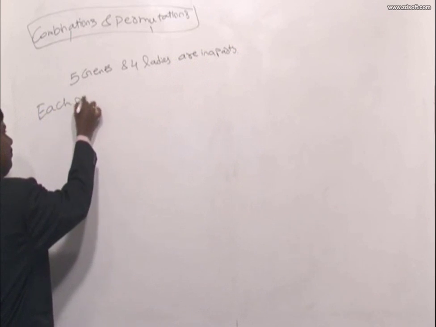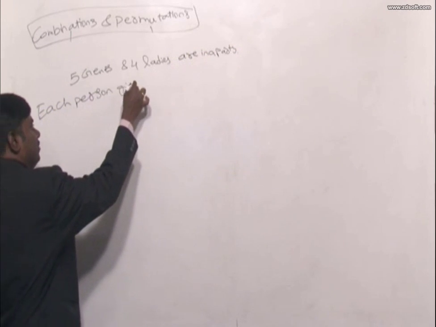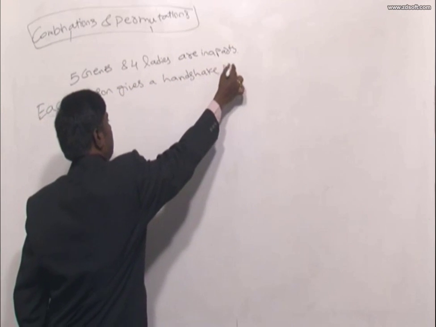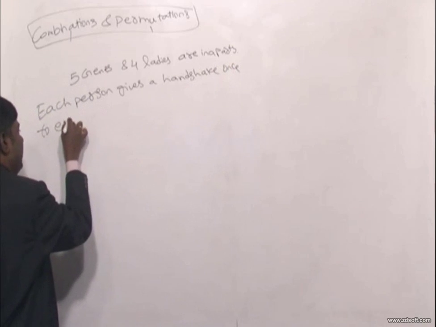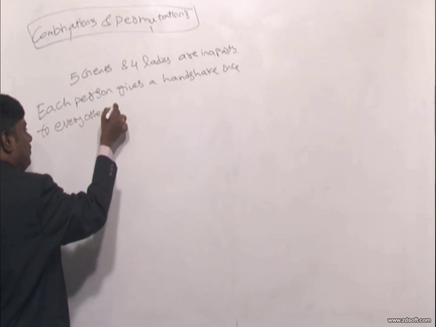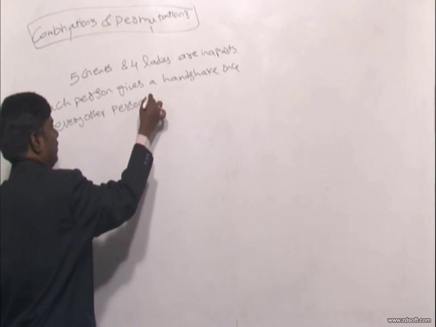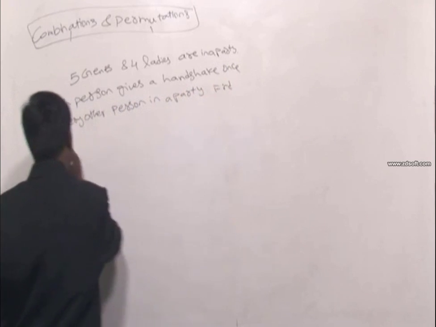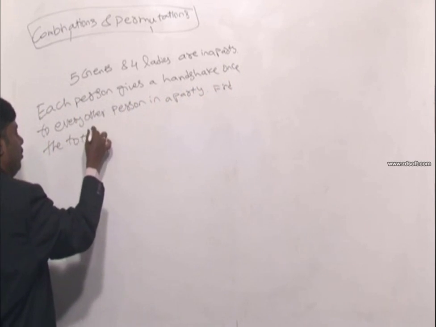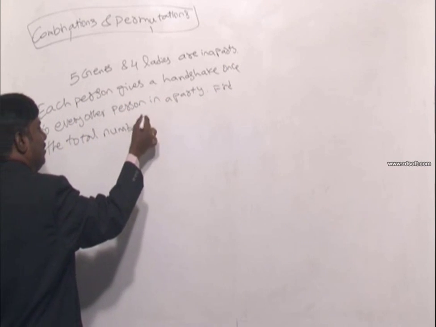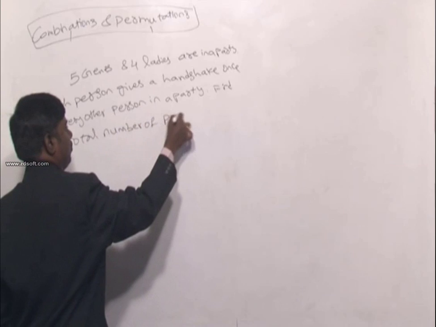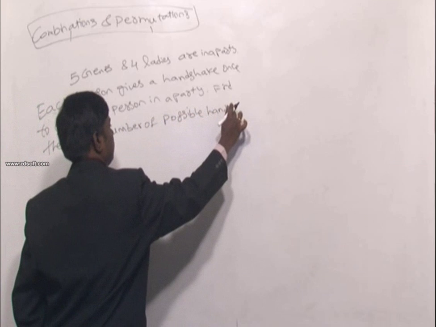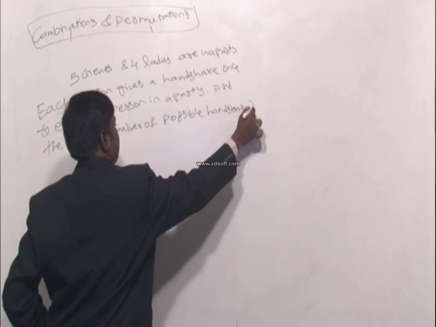Each person gives a handshake once to every other person in a party. Find the total number of possible handshakes. Try this problem.